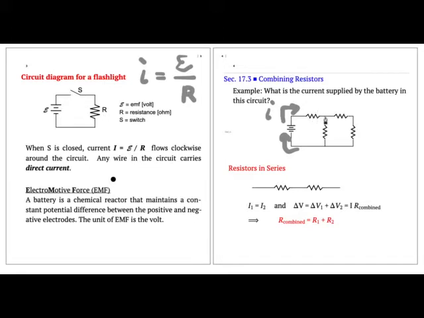Now, at this point, the current I will split apart into two parts. We could call this one I1, and this one I2.